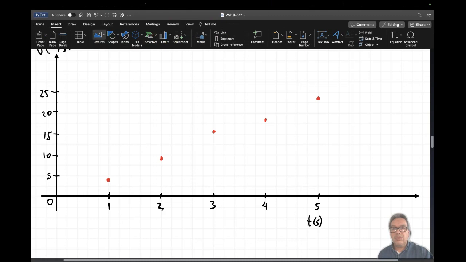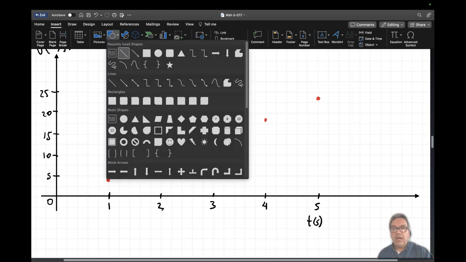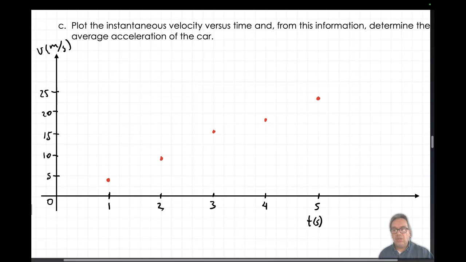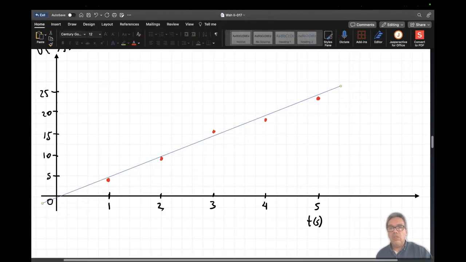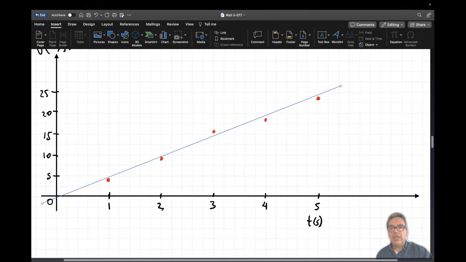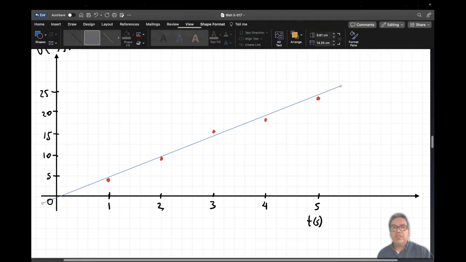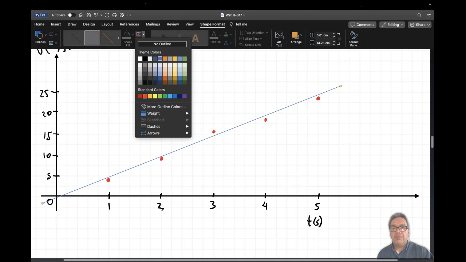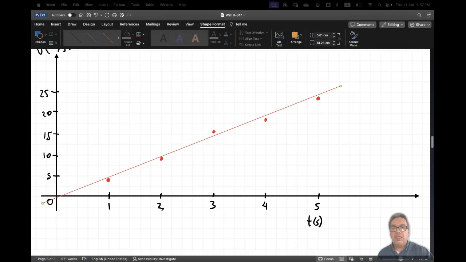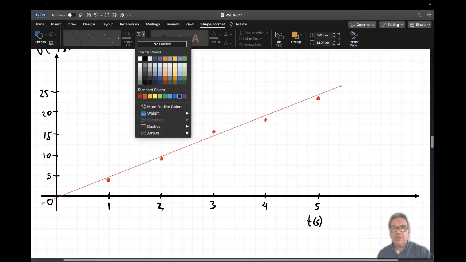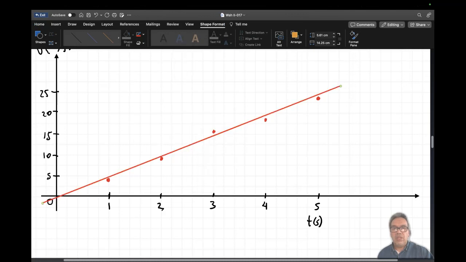You might want to pick a line that you can draw, and you want to make it go as close as possible to all of the data that you have chosen. So in this case, we want to format this by giving it a red color and making it a lot thicker, because we want to be able to see it.